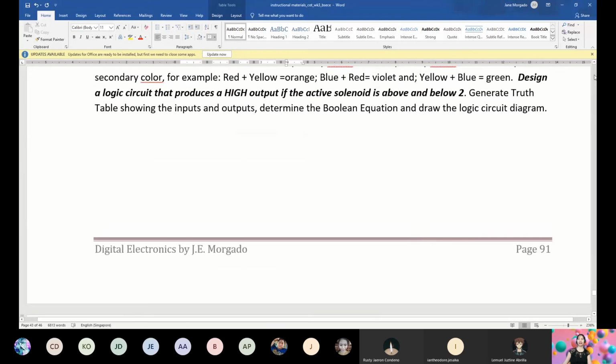Kasi sabi again, design a logic circuit that produces a high output if the active solenoid is above and below 2. Active pa rin pala yun, ma'am. You're going to have an output of 1 if the number of active solenoids is above and below 2. Okay?